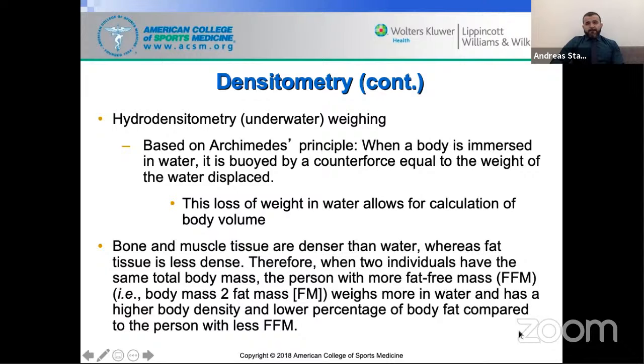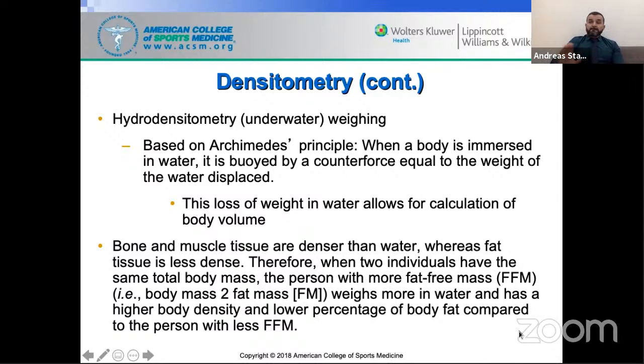Hydrodensitometry used to be the gold standard before. As we enter the water, we push out an amount of water, and that helps us calculate our body volume. By calculating our body volume, then we can calculate our body fat and our body mass. In general, as you understand, muscle tissue is more dense, so it pushes out more water.